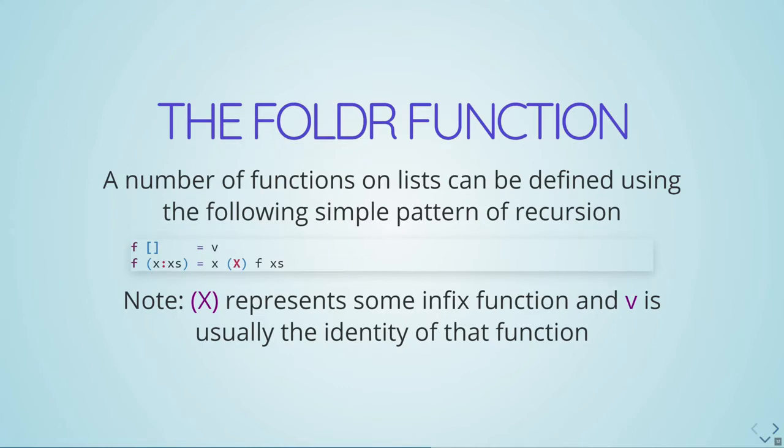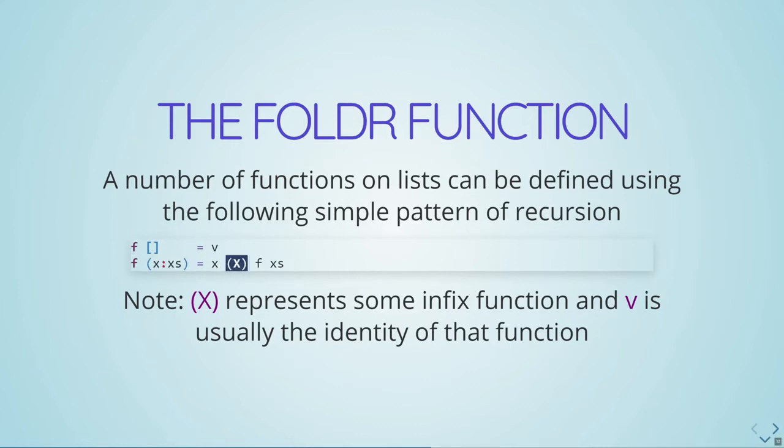So a fold is going to encapsulate sort of this idea that a number of functions can be defined using this sort of pattern of recursion. So a lot of times you define these functions and you're pattern matching over a list. And so you're going to have the two standard cases of empty lists and a list of at least one thing, x's. And what you're going to do is you're going to pull x out, and then you're going to use some operator.